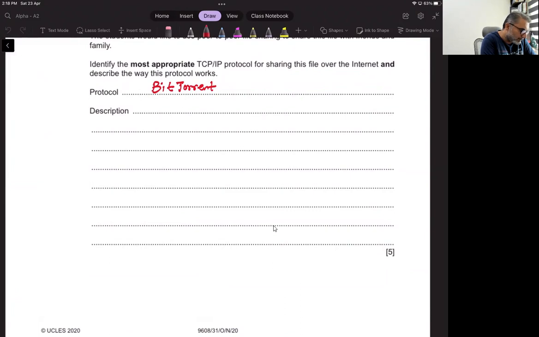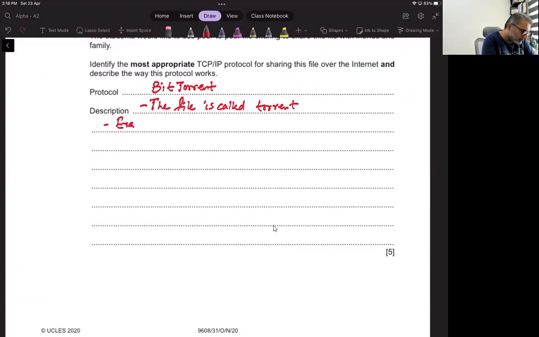In here, the file in BitTorrent is called a torrent.